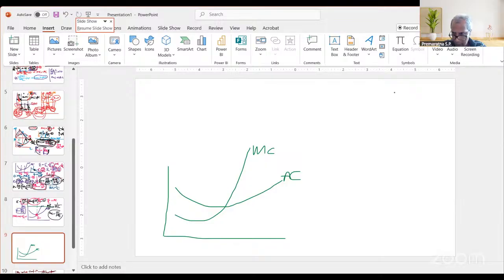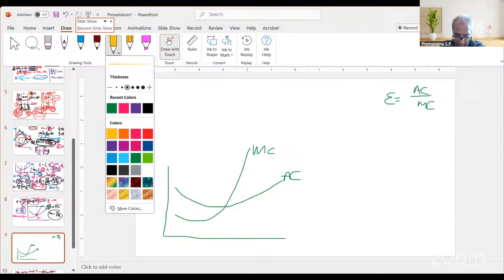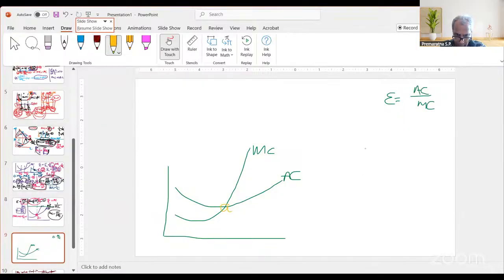What conclusion do we get here? Output elasticity equals average cost divided by the marginal cost. With that, at point A here, since average cost equals marginal cost, the elasticity becomes equal to 1.